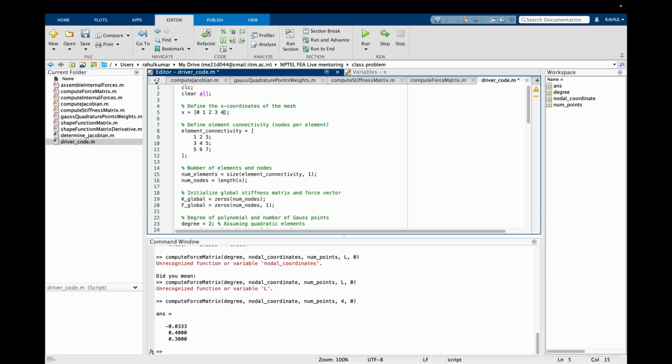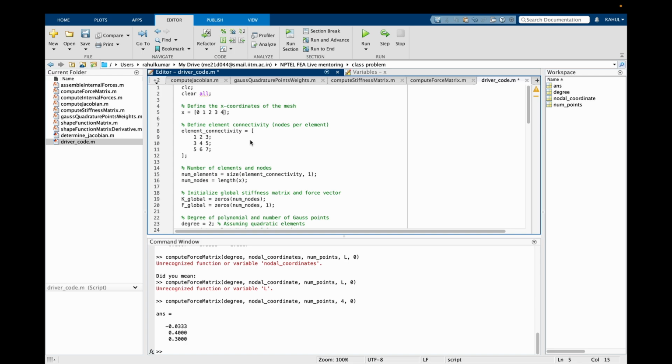Fine, 0, 1, 2, 3, 4. This is the mesh, and we are taking two elements.